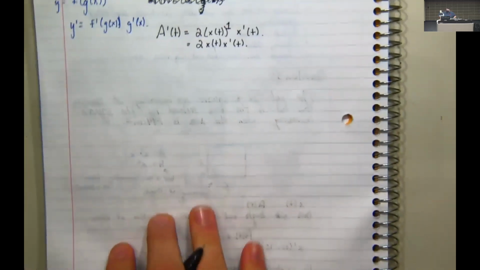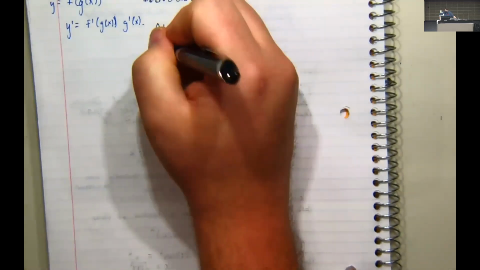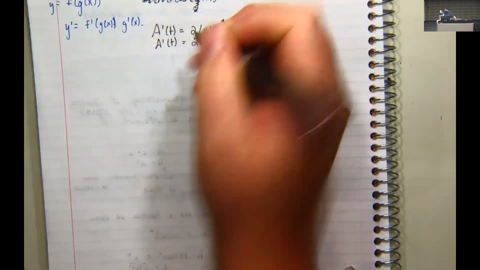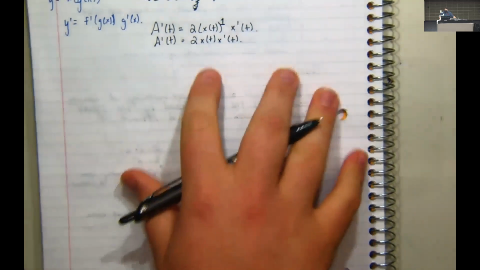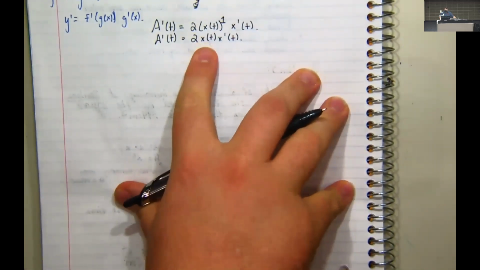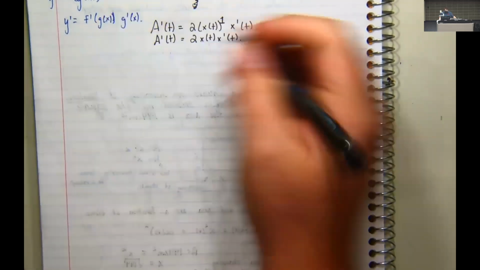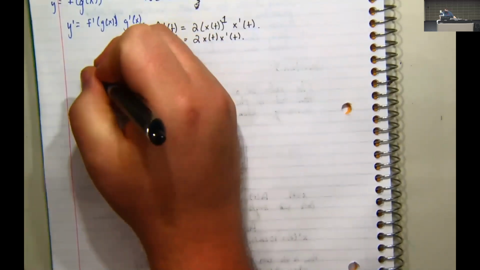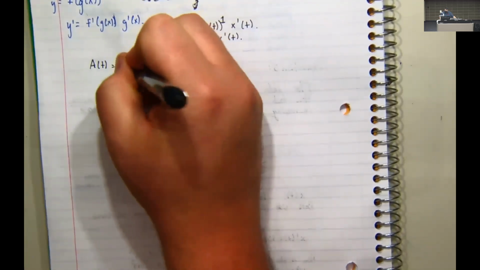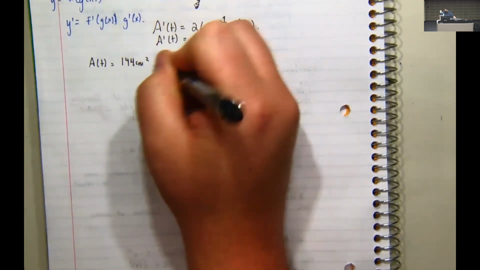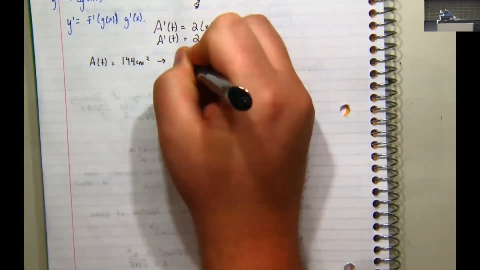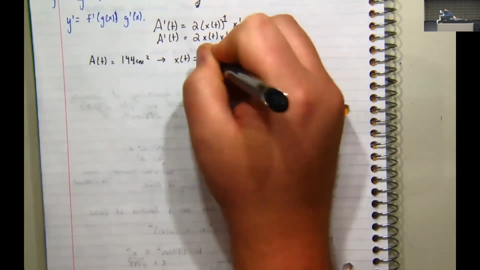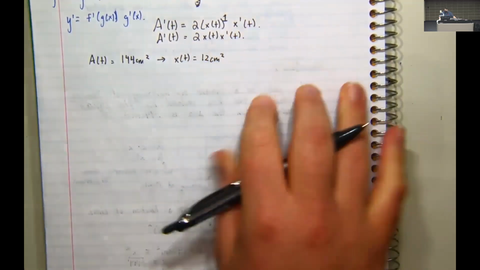Okay, and it was when the area is 144 centimeters squared, which is the same as saying when x at t is 12 centimeters. So A at t equals 144 centimeters squared implies x at t is equal to 12 centimeters.